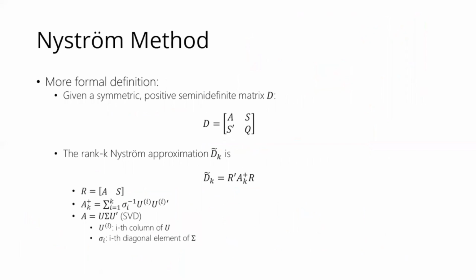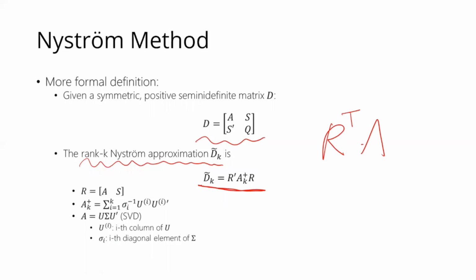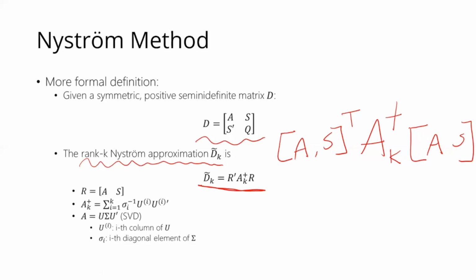Given a symmetric positive semi-definite matrix D, in the same setting, what is called a rank K Nystrom approximation is defined as R transpose times A_K with this plus sign, which I'm going to explain later, times R, where R is essentially that AS matrix.